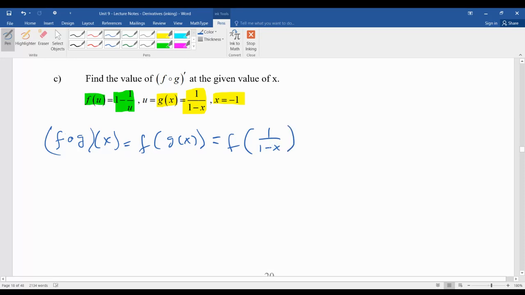Then you substitute 1 over 1 minus x for u in the function f, which is 1 minus 1 over u, so 1 over 1 minus x. And then this is 1 minus, if you multiply 1 by the reciprocal of 1 minus x, it will be simply 1 minus x.